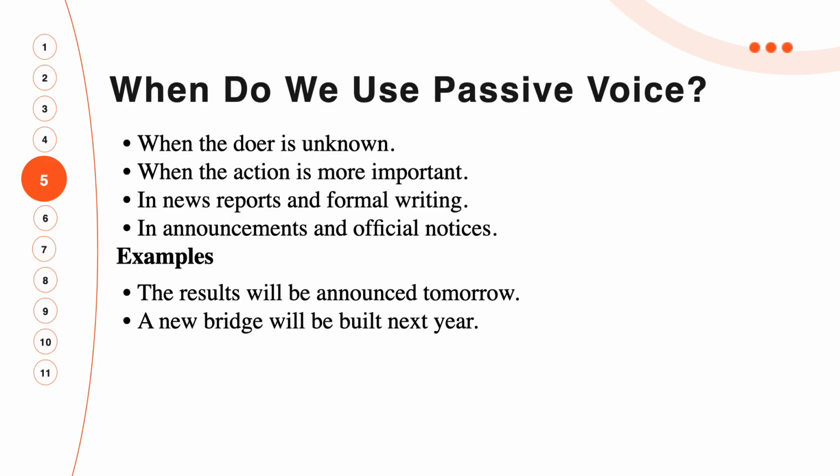So passive voice can be used when the doer is unknown. That means you don't know who is doing the action. And times when action is more important, or in news reports and formal writing.